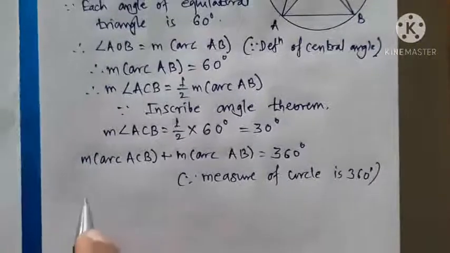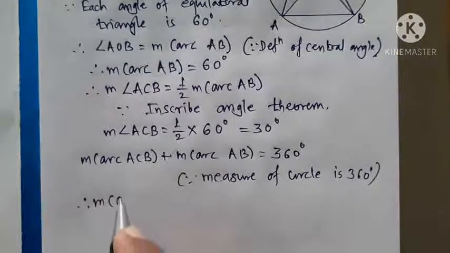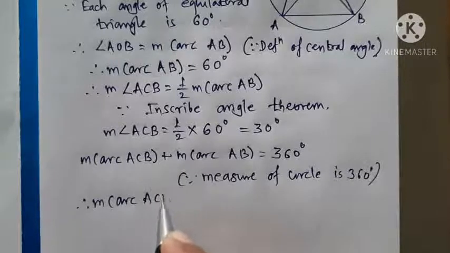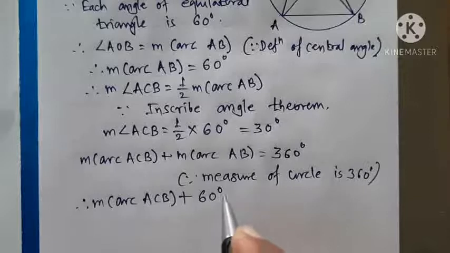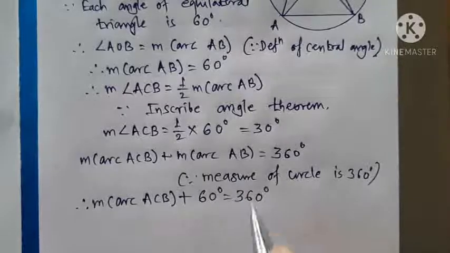Therefore, measure of arc ACB plus measure of arc AB, that is 60 degrees, is equal to 360 degrees.